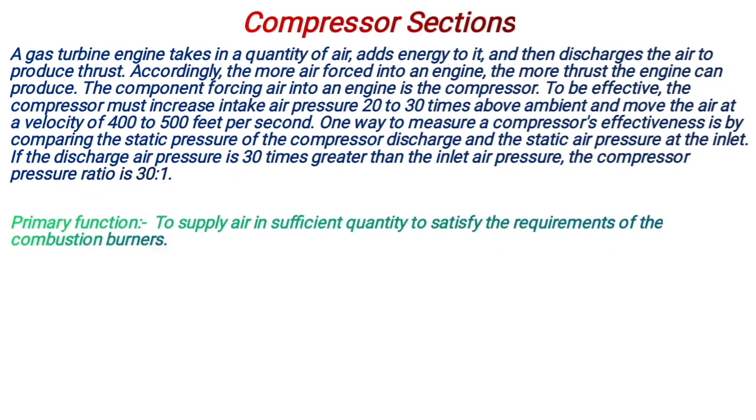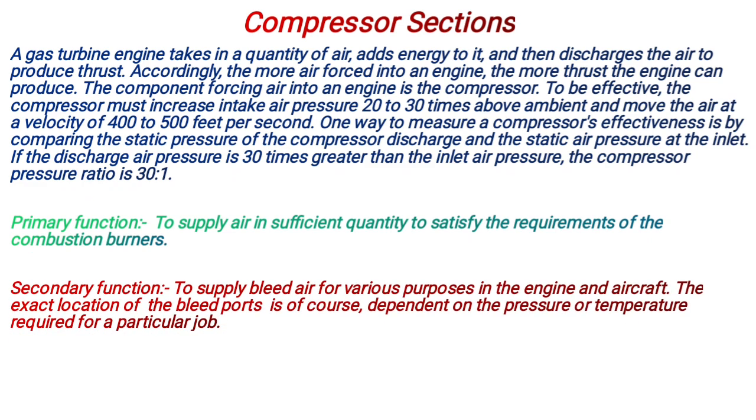Primary function. The primary function of the compressor section is to supply air in sufficient quantity to satisfy the requirements of the combustion burner. Secondary function. To supply bleed air for various purposes in the engine and aircraft such as pressurization, air conditioning, engine starting, etc. The exact location of the bleed port is of course dependent on the pressure or temperature required for a particular job.